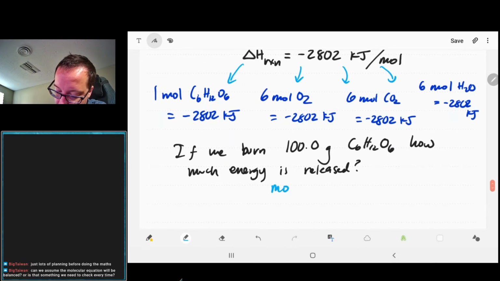So when we're planning this though, instead of going from moles of one thing to moles of another thing, we just go from moles to energy. We can just do that. That's what delta H is used for in reactions. You go from moles to energy instead of moles to moles. So you can do that as well.